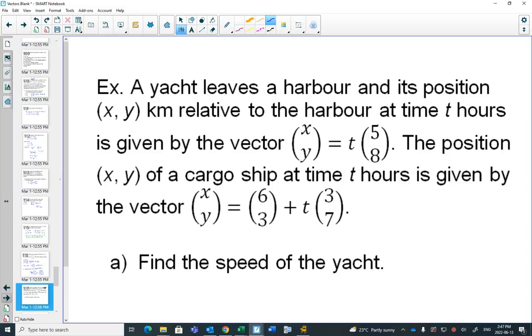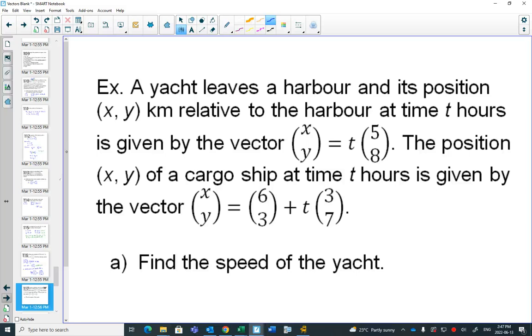Okay, so can you see that the harbor is position (0, 0) in this case? There's a cargo ship, and its position is given by (x, y) = (6, 3) + t(3, 7). Okay, time is in hours and distances are in kilometers.